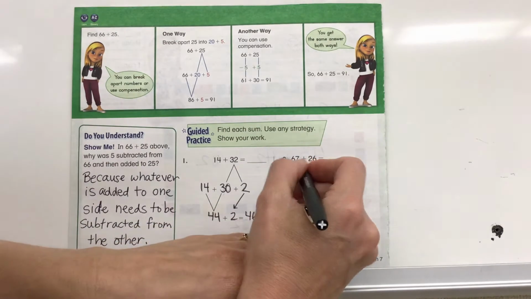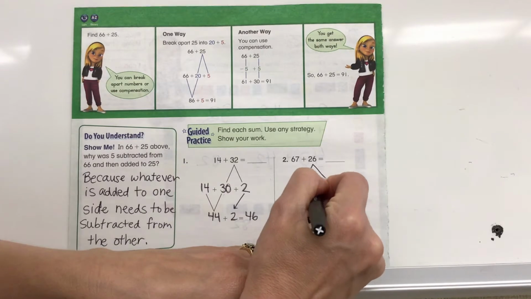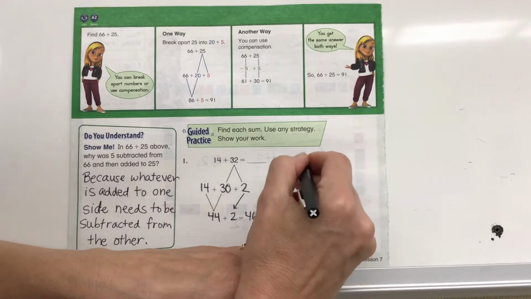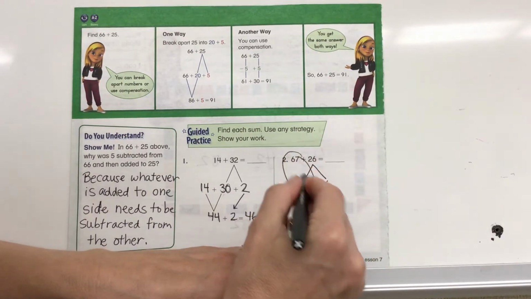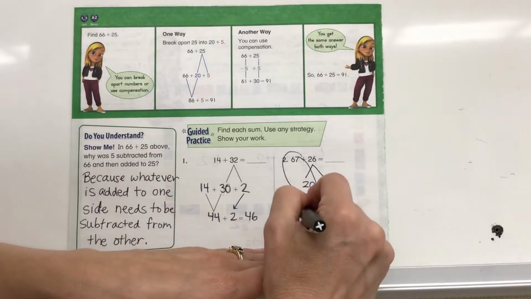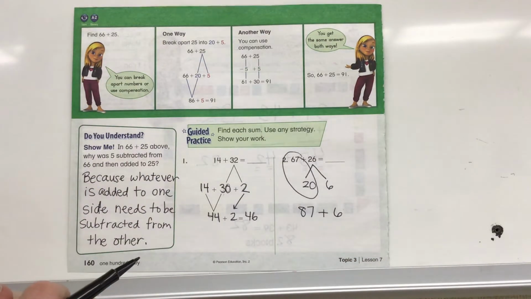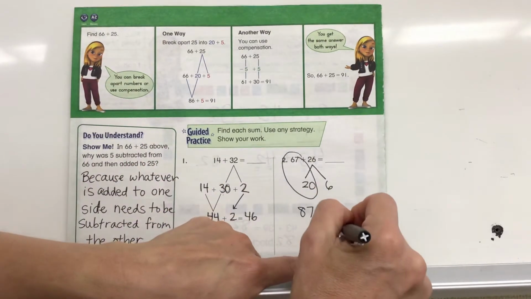Okay, 67 plus 26. I'm going to separate this into 20 plus 6, and then add this first. 67 plus 20, 77, 87. 87 plus 6. Now I can even break it apart one more time. Take a look at this.